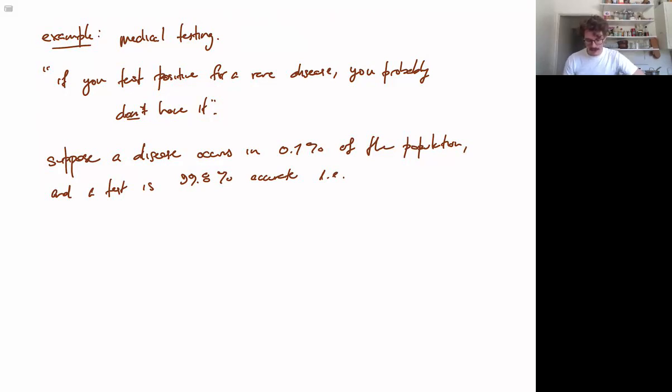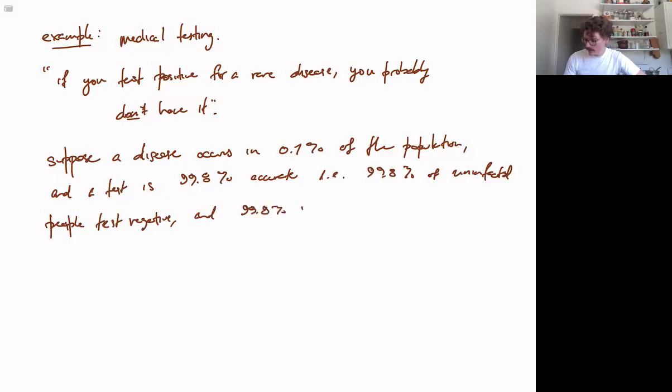So what we mean by this is 99.8% of uninfected people test negative, and 99.8% of infected people test positive.